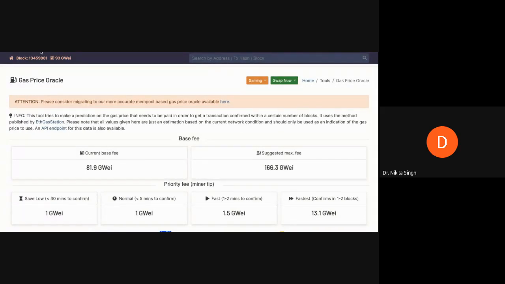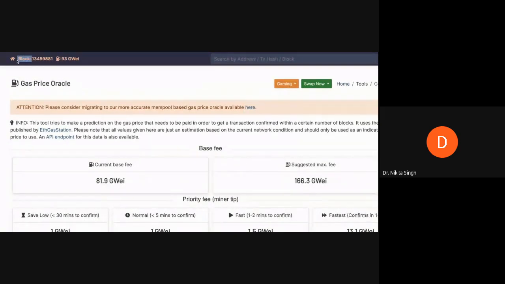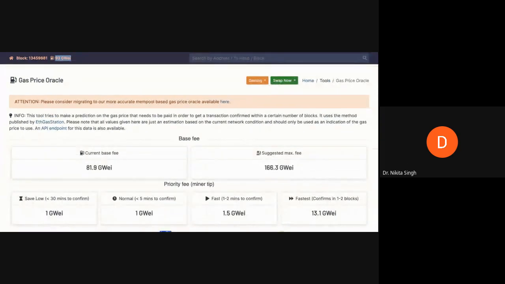So here you can see that it shows what latest block has been mined and what payment, the complete payment that was made, combining all the transactions, the complete payment that was made to mine that block.